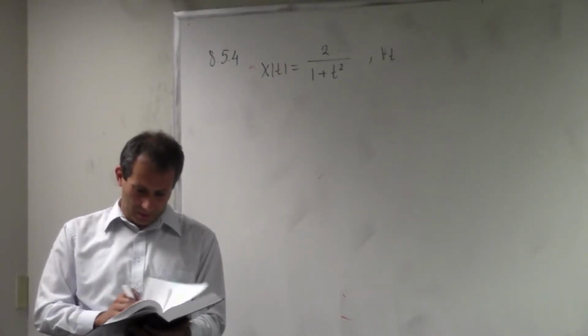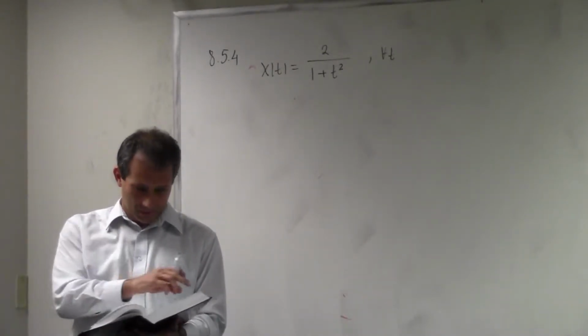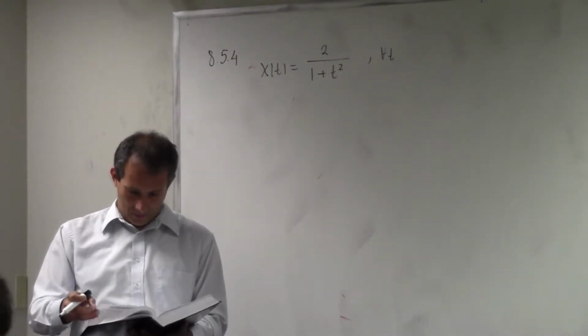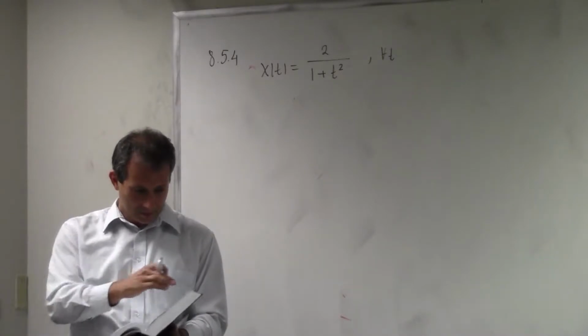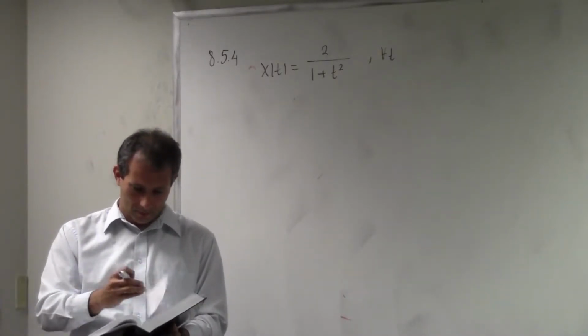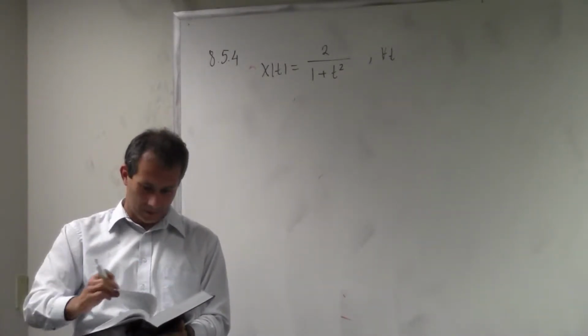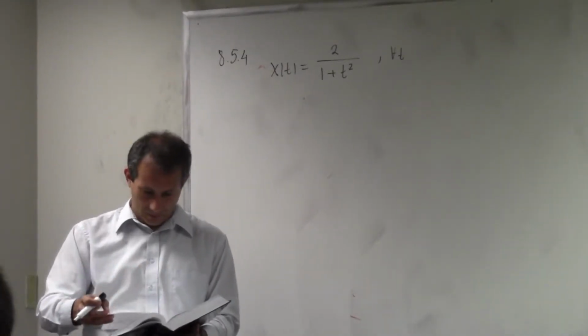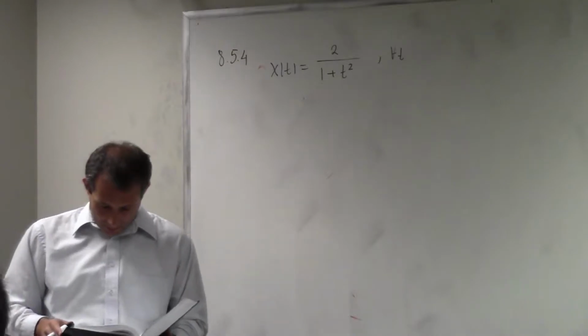Which page is the table on? The pink tab, purple tab, it's like chapter 7. 7. Or the short? The short tab. Okay.